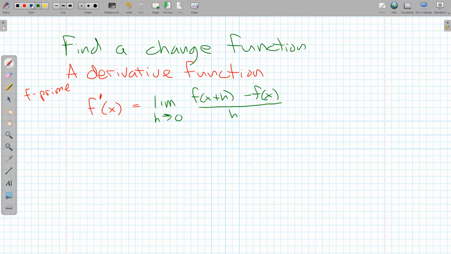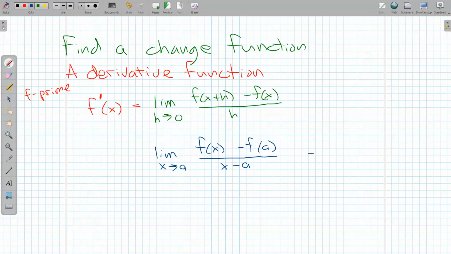The other version of it, and I'm going to call it the same idea, it's the limit as x approaches a of f of x minus f of a all divided by x minus a. So that's another version of it.